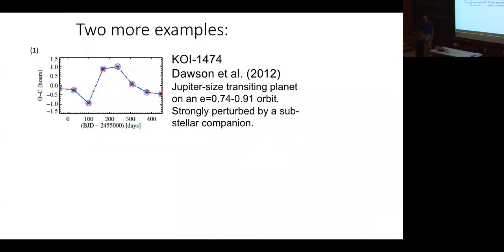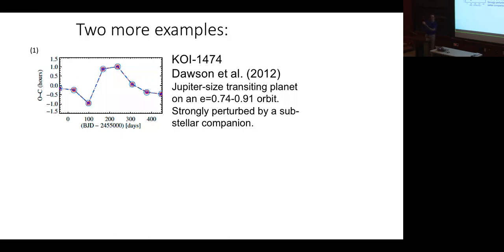So there's two more examples of high signal to noise transit timing discoveries. One is KOI-1474, which became Kepler-419. This is Rebecca Dawson et al. And she noticed that there was a Jupiter-sized planet that had the wrong duration. So it had a 67-day orbit, I think, but its duration was too short.